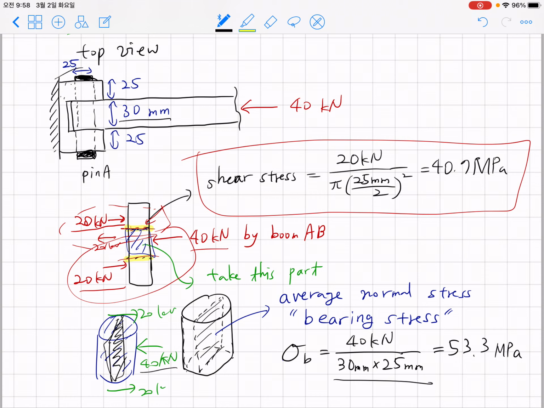So there is normal stress acting here, which we call bearing stress, and the bearing stress turns out to be 53.3 megapascal. If you consider the real world, these are the complexities you have to consider, right?